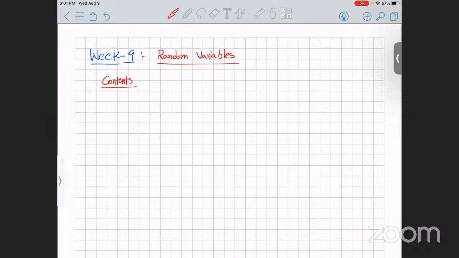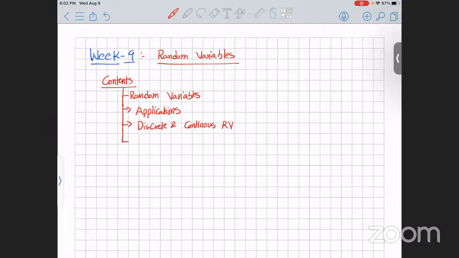Firstly, we will see what random variables are, and then what the applications are. Then we'll go to discrete and continuous random variables.